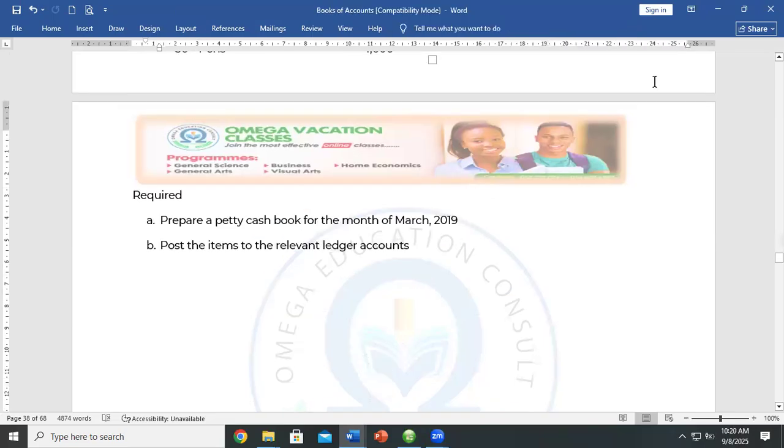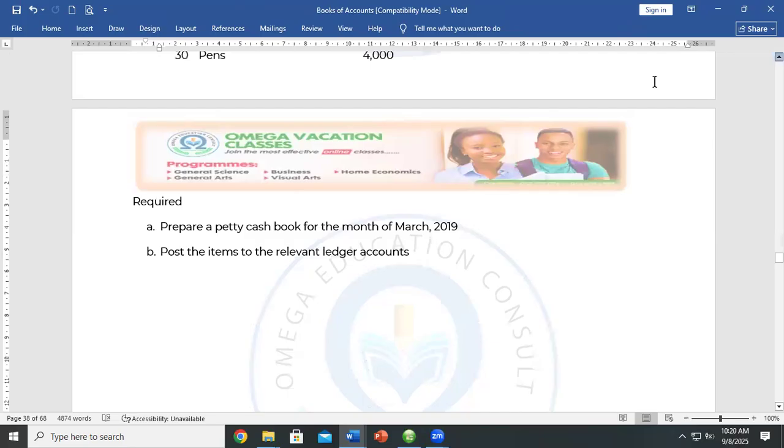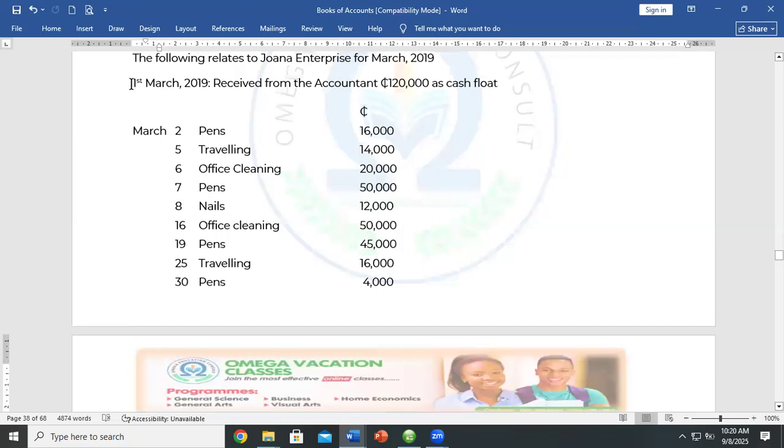So we have the following relating to Joanna Enterprise, March 2029. First March, received from the accountant 120,000 as cash float.